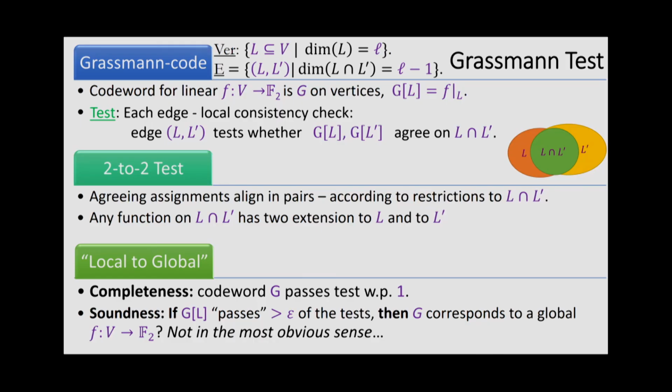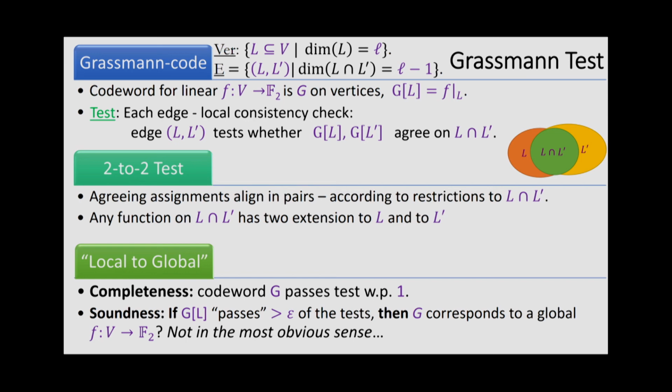Completeness is one line, right? If you have a legal code word, then of course it passes the test with probability 1, because these two functions are restrictions of the same function. So of course they are consistent. The really interesting question here is about the soundness of the test. Is the test sound?